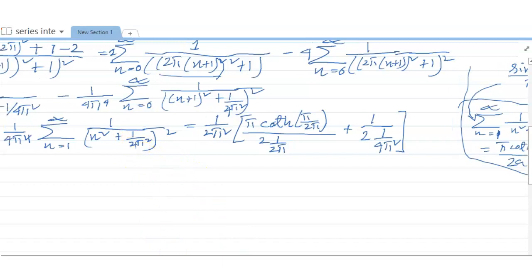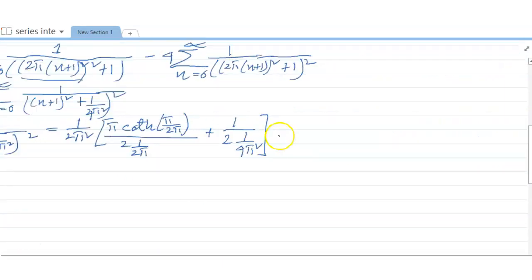This is the process. Minus 1 by 4 pi whole to the power 4.